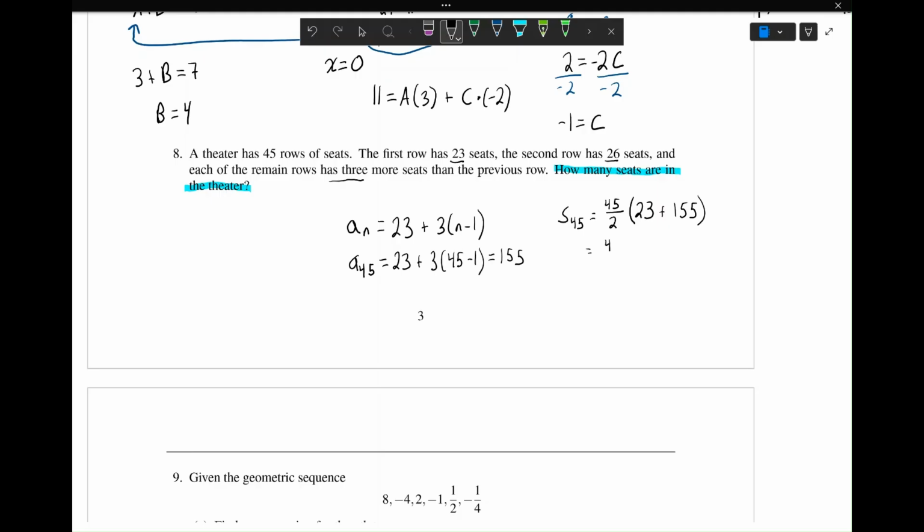So that's 45 over 2 times, let's see, 23 plus 155 is 178. Once again, I don't feel like doing that math in my head. I can plug that in a calculator. And that tells me that this theater has 4,005 seats.